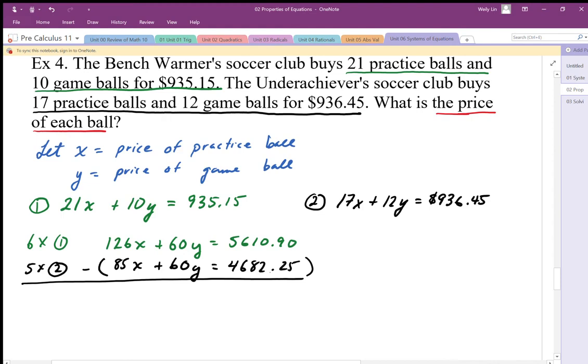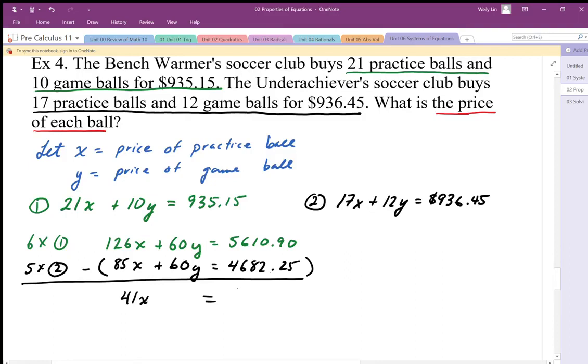So 126 minus 85 gives me 41 x's. I need a calculator here for this one: 5,610.90 minus $4,682.25.